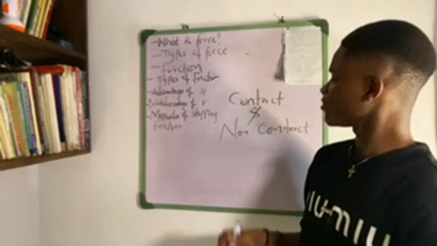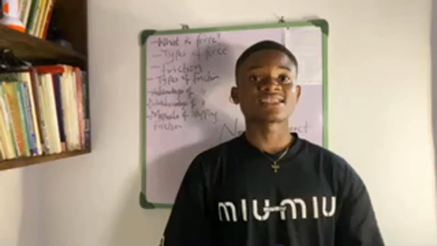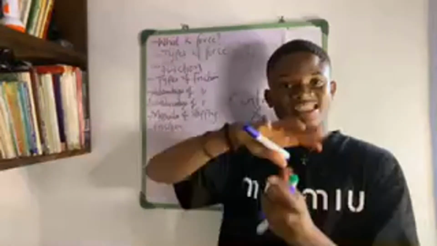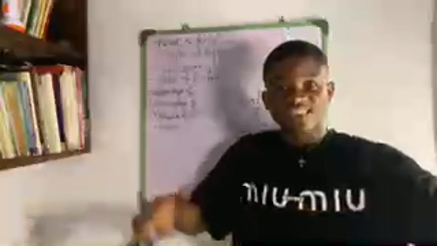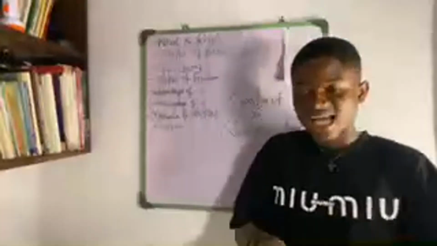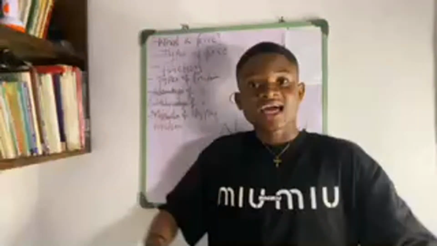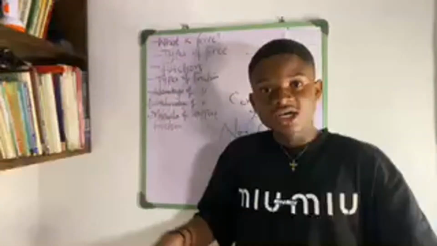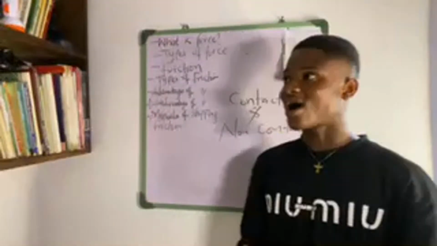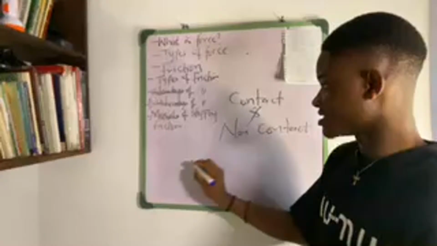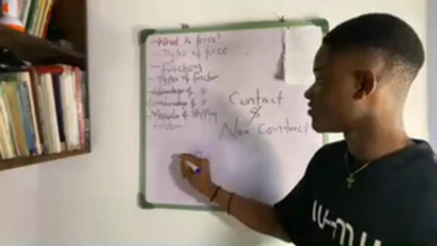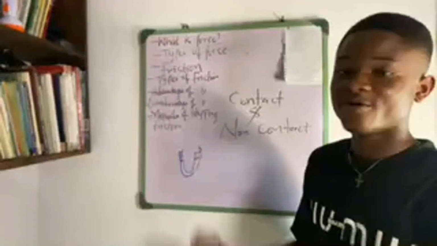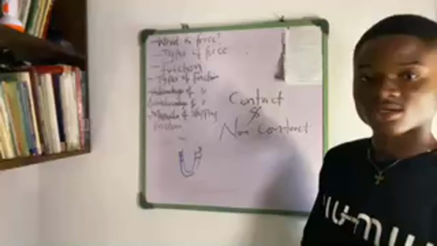Now, non-contact forces are those forces that act in a field where there is no contact. It just acts in a field, in a space, in a region. So this force has an influence in a particular region or space. For example, have you brought a magnet? This is a horseshoe magnet having north and south, and you bring iron filings near it.